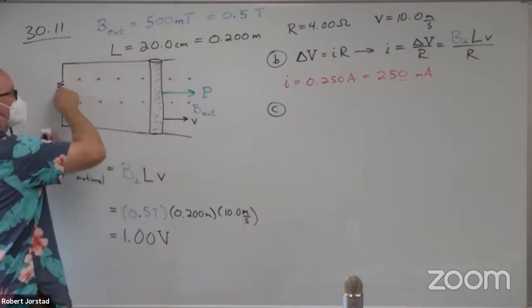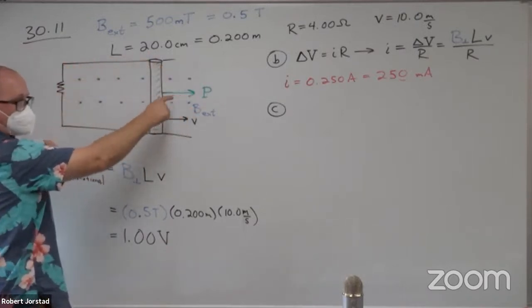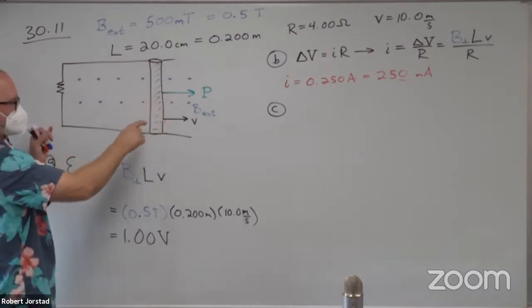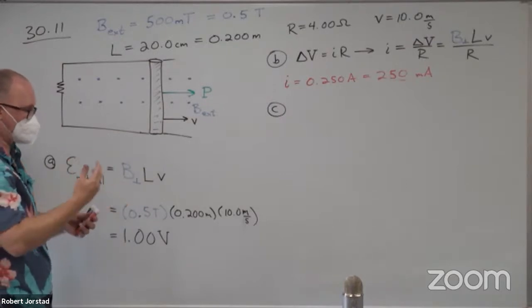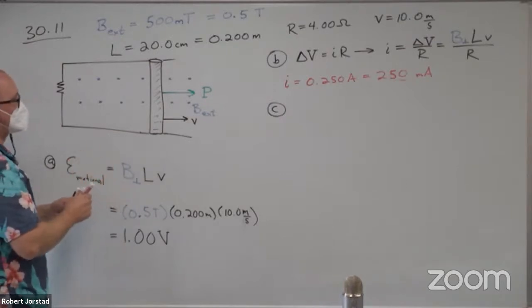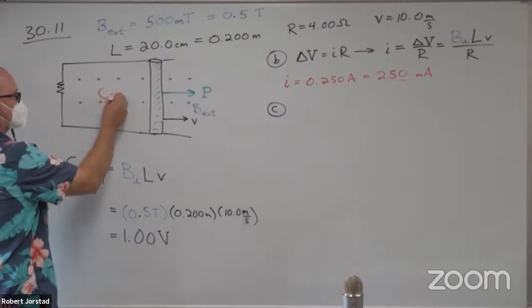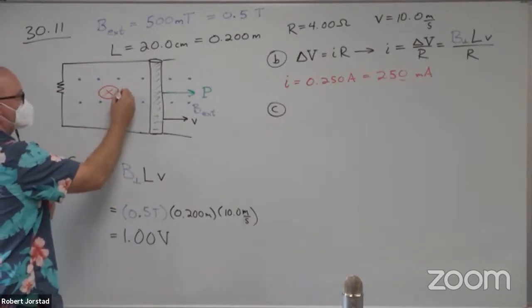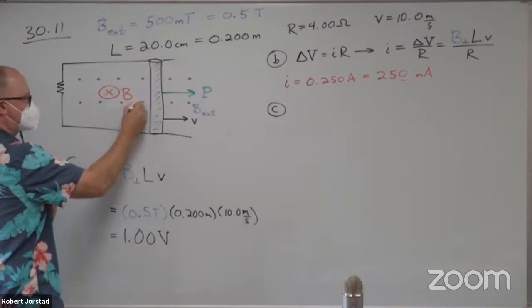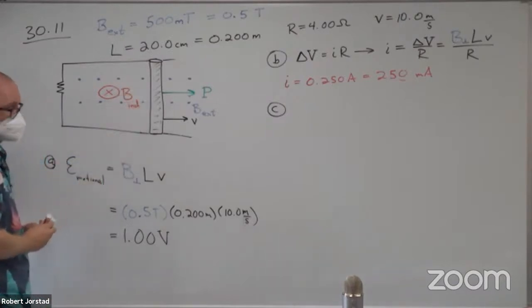Do you see it? Do I get more dot flux or less dot flux? More dot flux. What is the opposite of adding dots? Adding X's. Since we can't take away dots, we have to add X's. That's our B induced. What direction is the current?